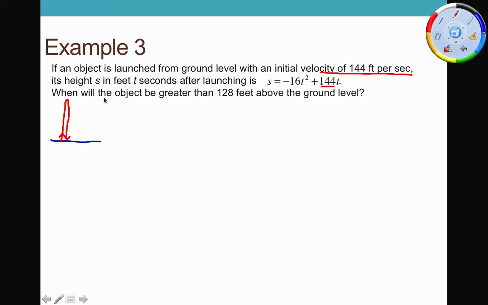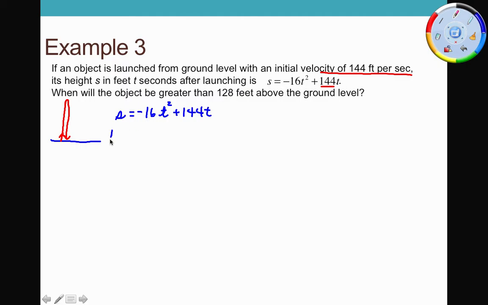Now, when will the object be greater than 128 feet above the ground? So I've got s equals negative 16t squared plus 144t.